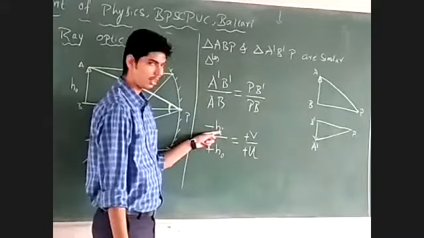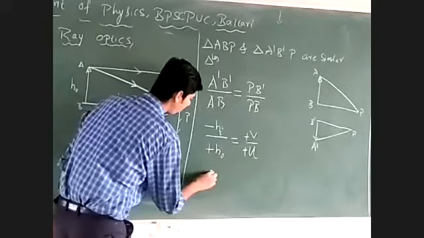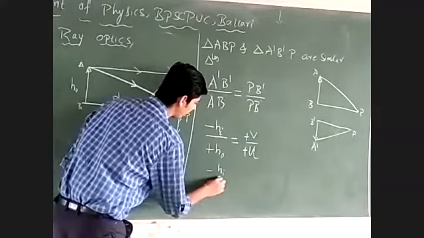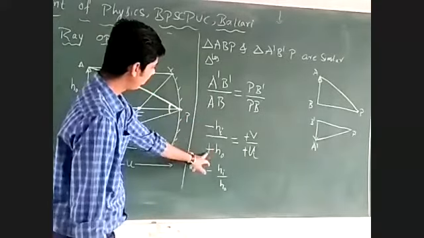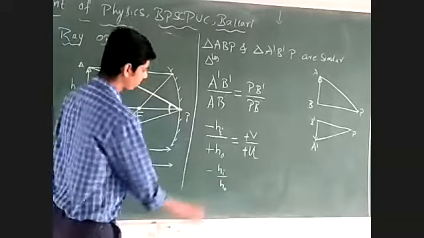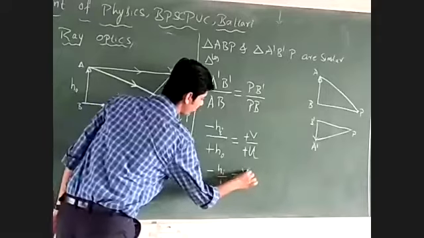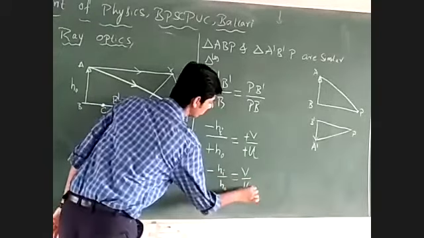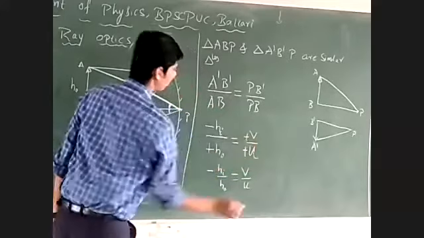Minus HI divided by plus HO will be minus HI divided by HO. That is equal to V by U. Minus and minus are cancelled out.